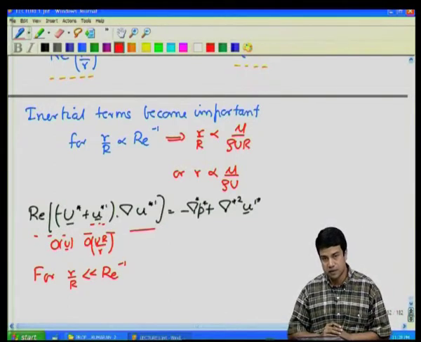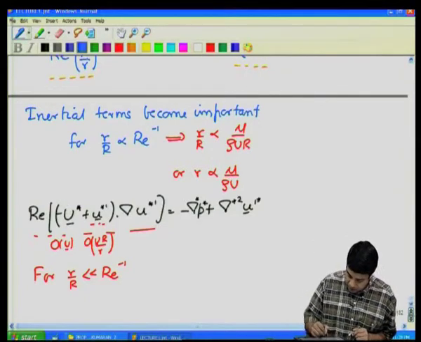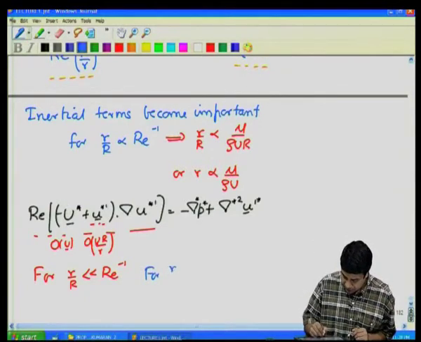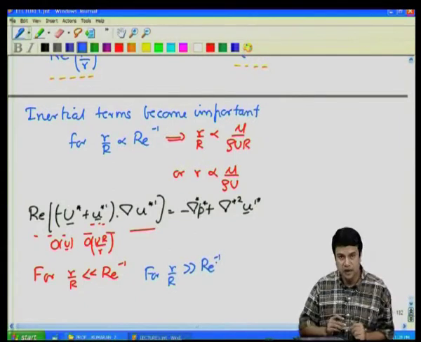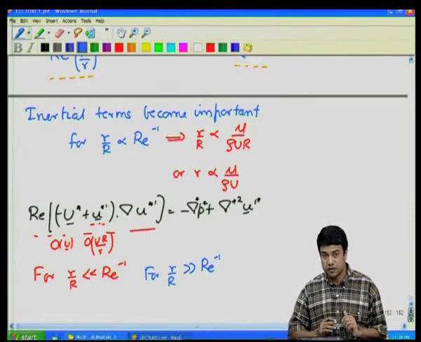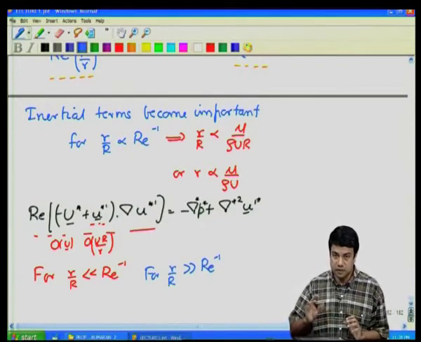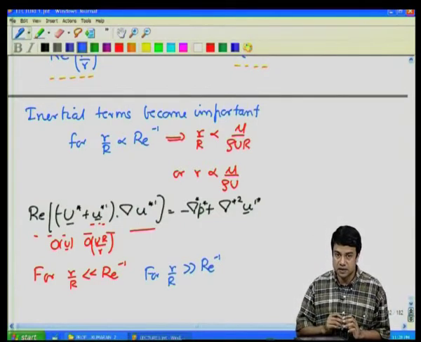On the other hand, for r by R larger than Re inverse, I cannot neglect this inertial term, because the inertial term is comparable or larger than the viscous term in that case.